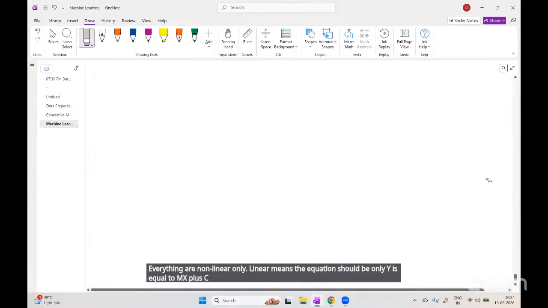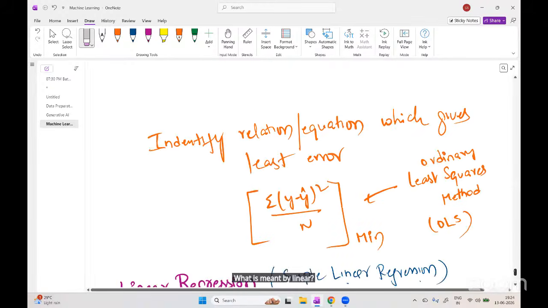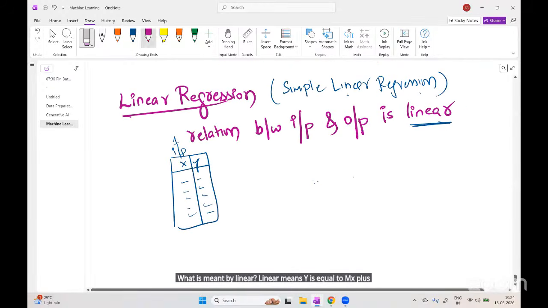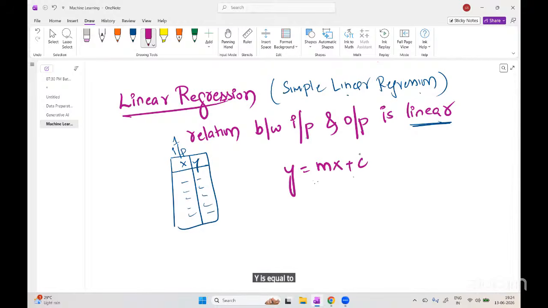What is meant by linear? Linear means y = mx + c. Okay. So now I want the relation between x and y in this format. The m value is unknown, c is unknown. This only you have to identify.